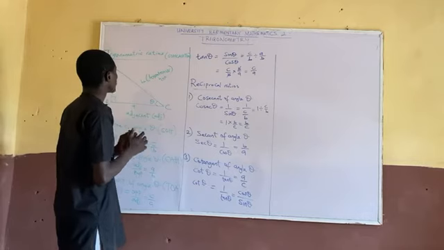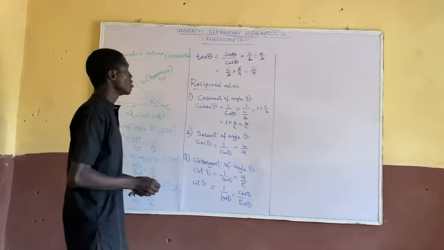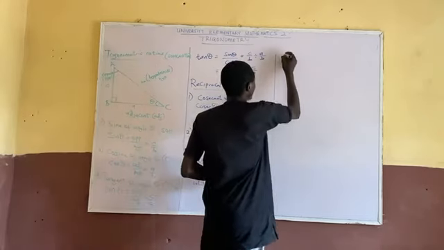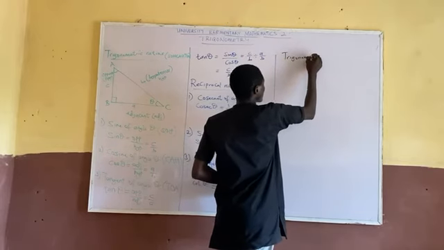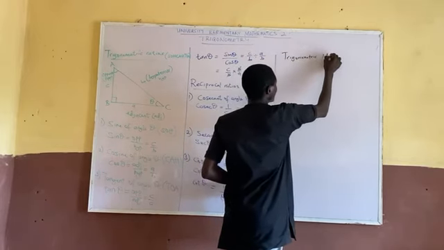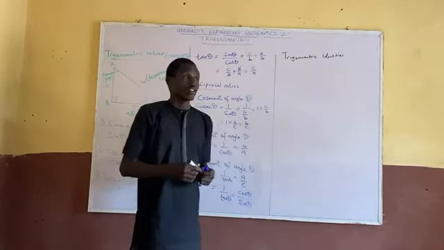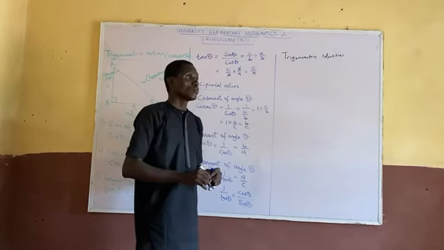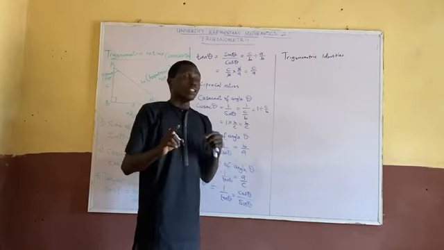We have obtained our trigonometric ratios and we have also obtained our reciprocal ratios. Now let's move on to our trigonometric identities. This is very, very important. These trigonometric identities will serve a lot of purpose, even when you are doing differential calculus and integral calculus.